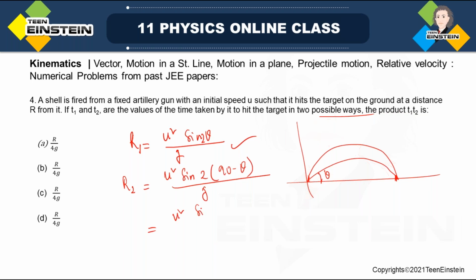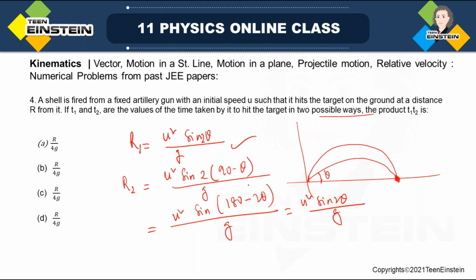You look here, sine of 180 degree minus 2 theta, so this will also give you sine 2 theta only. So u square sine 2 theta by g. The range will be the same from two certain angles: one at theta, and another projected at an angle 90 minus theta.